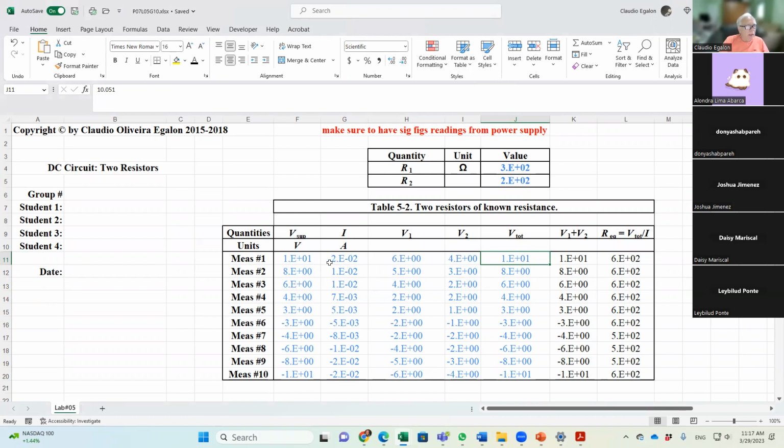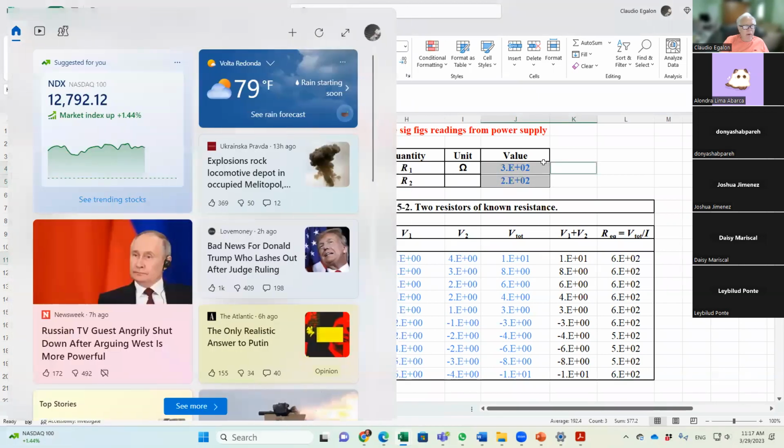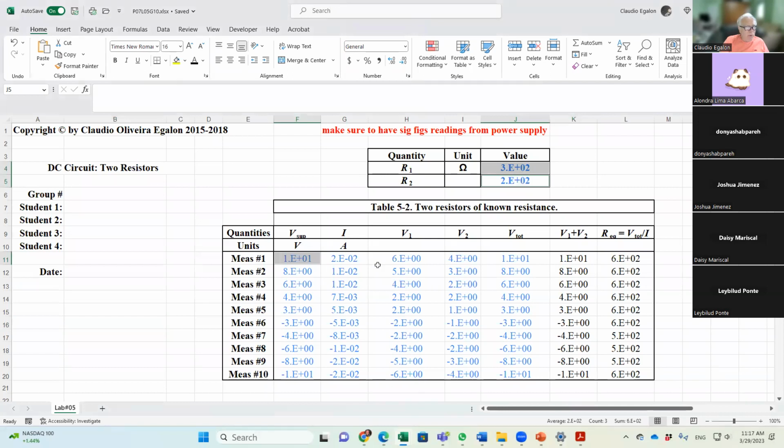So we set the power supply to 10 volts, and then here you go. I want to keep track of the measurements that we're making. The power supply has an internal voltmeter that indicates the voltage, but we also measured the voltage across the two resistors, which should be very close to the voltage of the power supply.